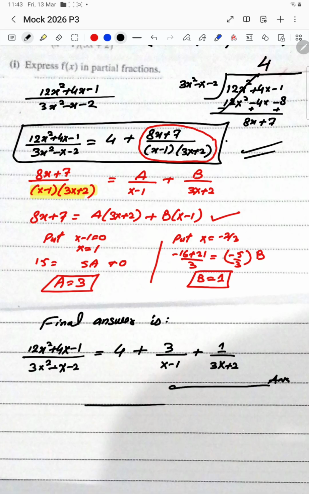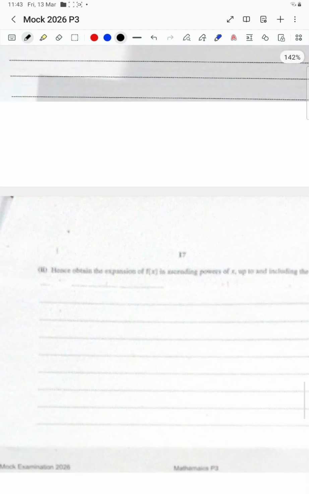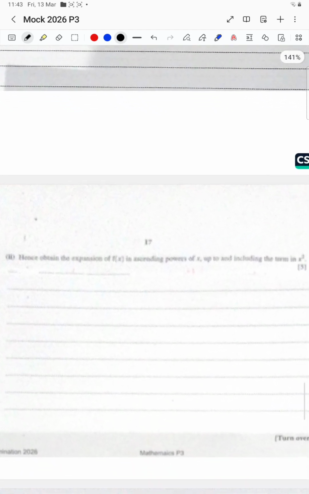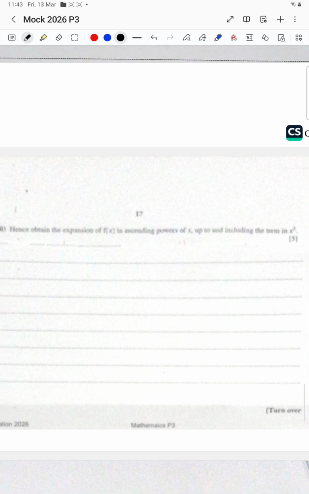Okay, let's proceed to the next part of it. What is asked? Yes, hence obtain the expression of f of x in ascending power of x up to and including the term of x square. This is x square, right?